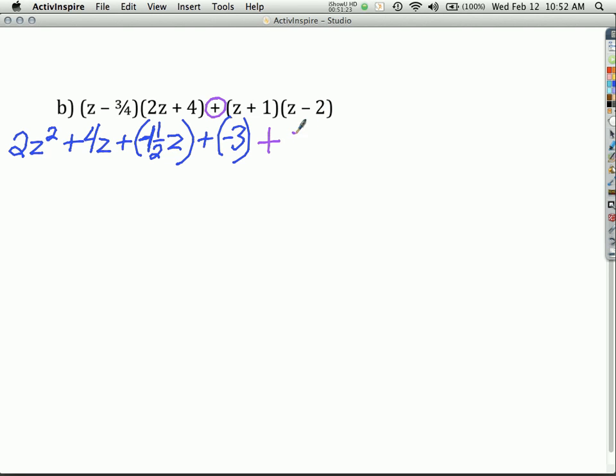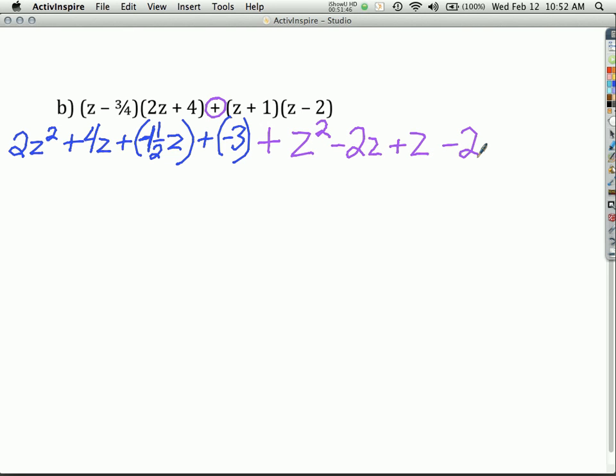Z times z. Well, that's easy. That's the first terms. The outer, z times negative 2, negative 2z. The inner, 1 times z, that's just 1z. And the L's, 1 times negative 2, negative 2.